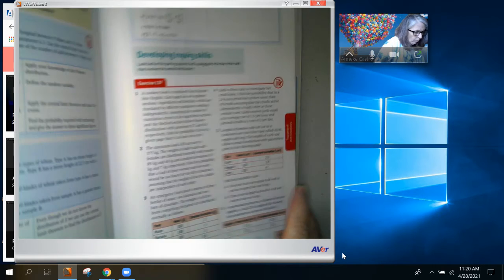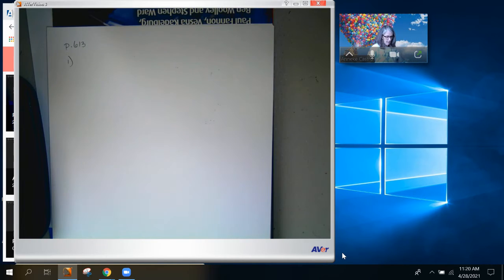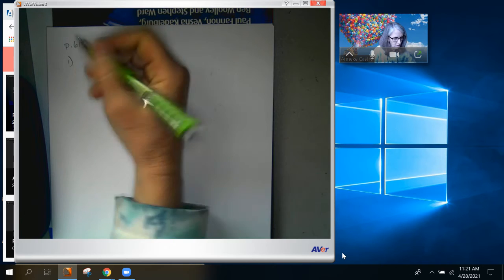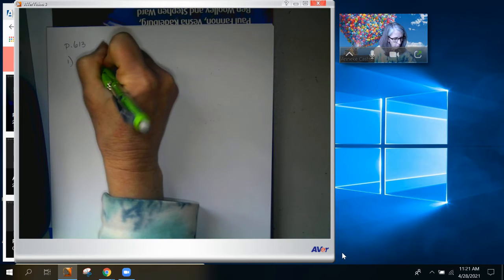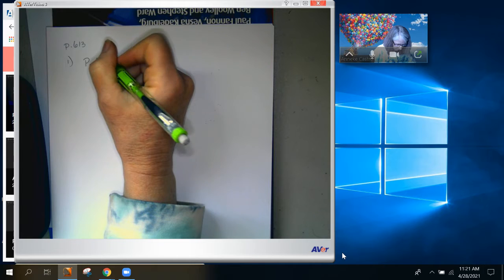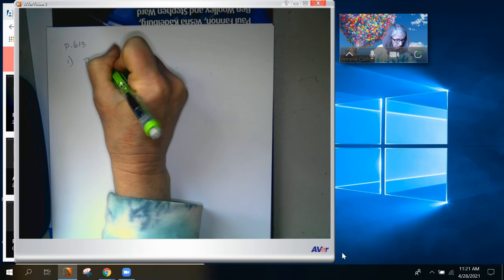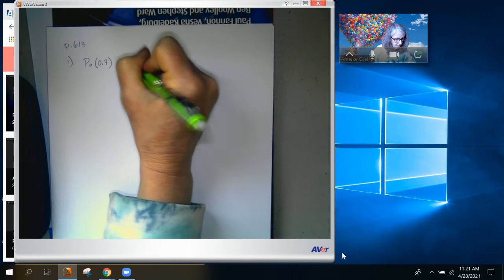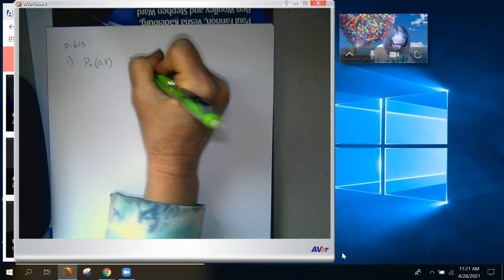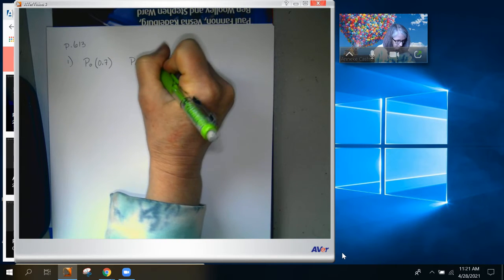So what we saw in the video is that when you have this Poisson distribution, all you have to do is add the two lambdas together. So I have my first Poisson distribution for the ingredients part with a lambda of 0.7, and the other part for methods has a lambda of 0.6.